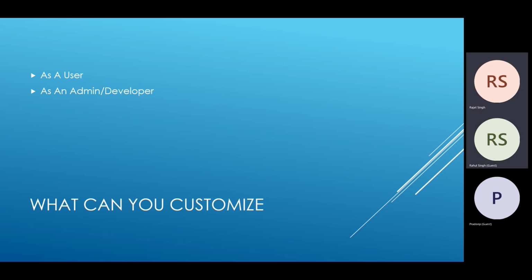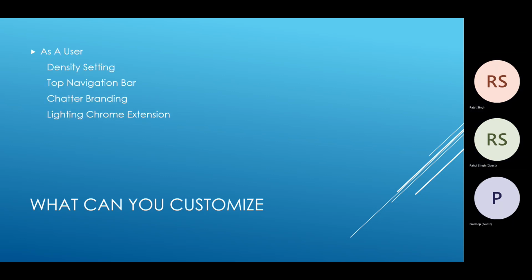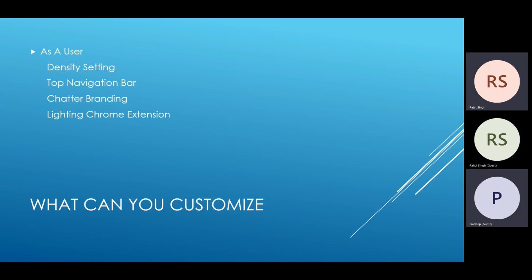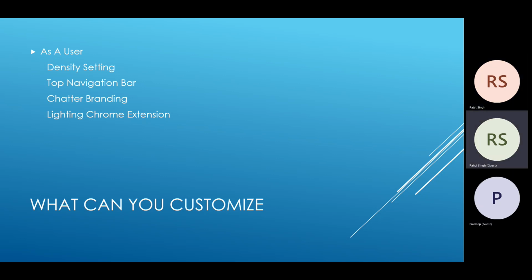There are two different things that we saw. As a user, density setting is how dense you want your text to appear. We also saw how to customize the top navigation bar and how to do the Chatter branding.